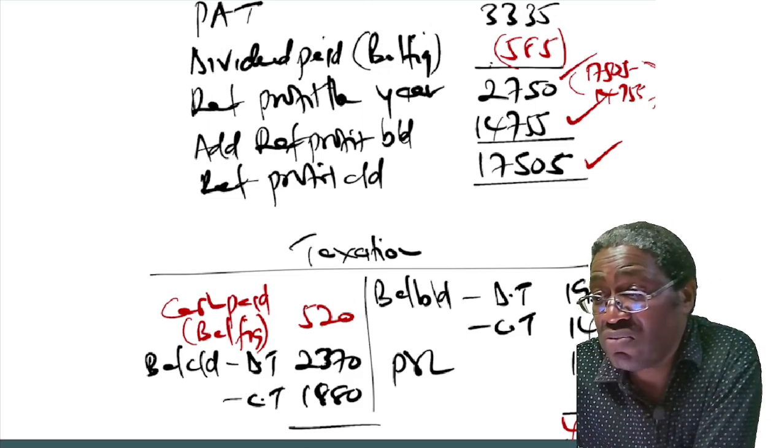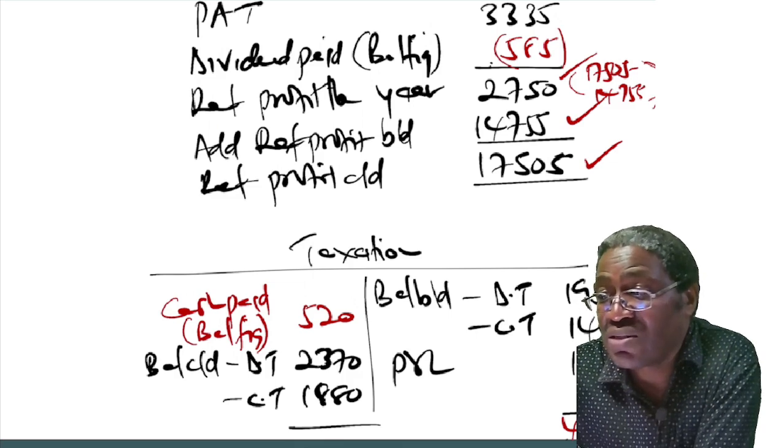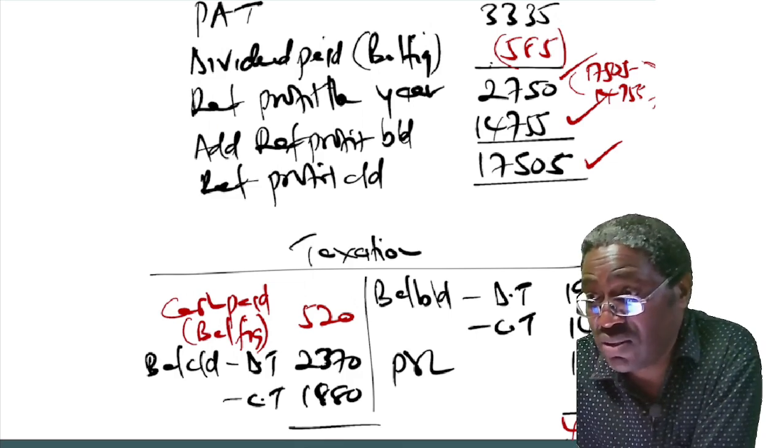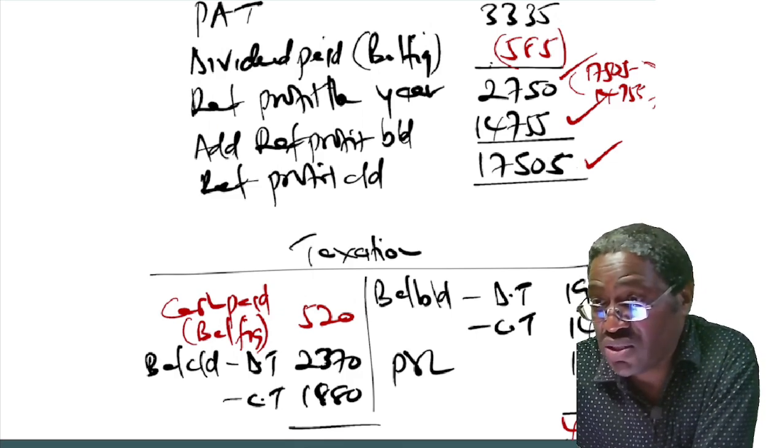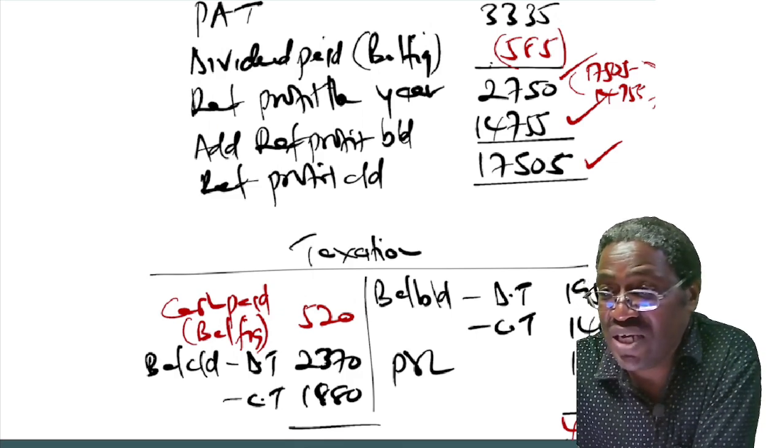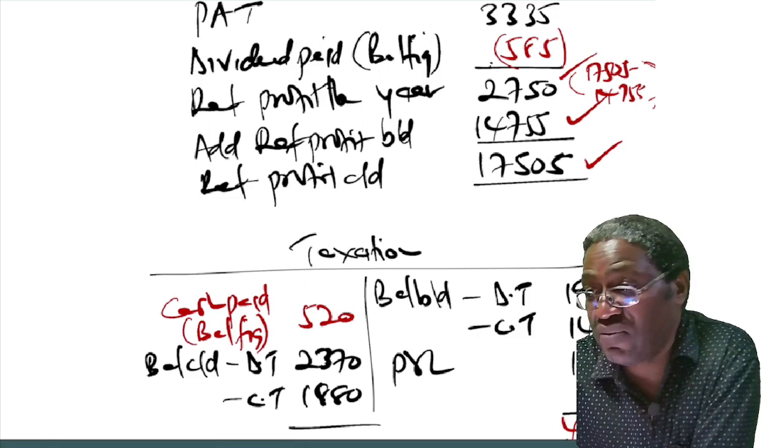Are you okay, Vincent, now? Vincent, we are carrying down 17,505 from the balance sheet this year, out of which from the balance sheet last year, the retained was 14,755.